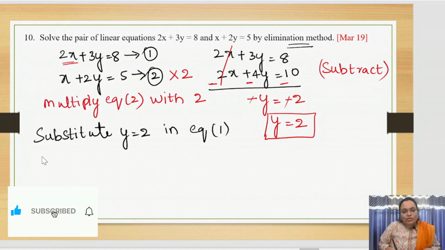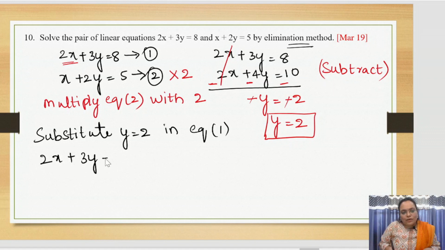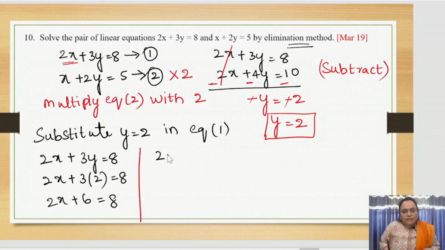So what is equation 1? It is 2x plus 3y is equal to 8. We know the y value. So substitute it, 3 into 2, is equal to 8. Which is 2x plus 6 is equal to 8. 2x is equal to 8 minus 6. 2x is equal to 2. x is equal to 1. 2 will get cancelled.